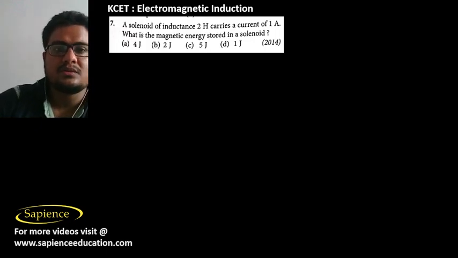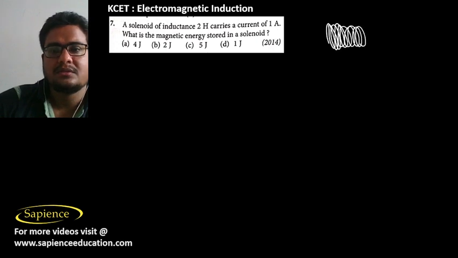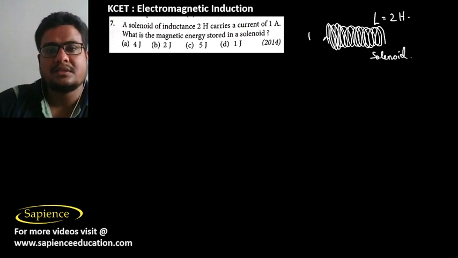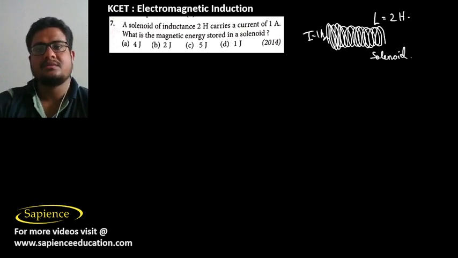Question number 7. It is about a solenoid. The solenoid is having inductance L, which is 2 Henry. It carries a current I, which is 1 ampere.